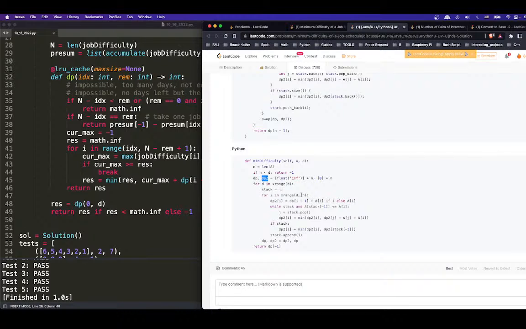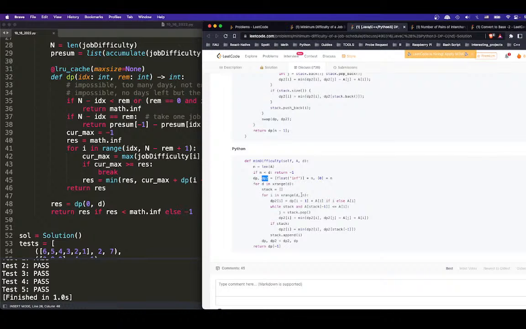Like if I go here, what is the minimum number given the previous day and the current day? What is the minimum to reach here, to reach the ith job?